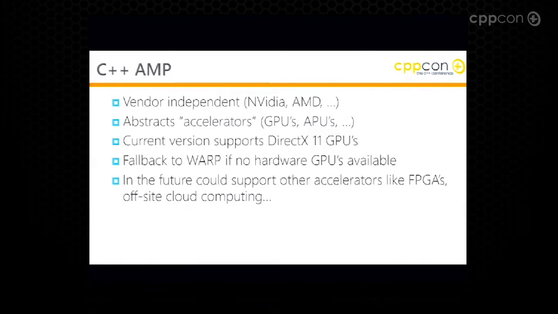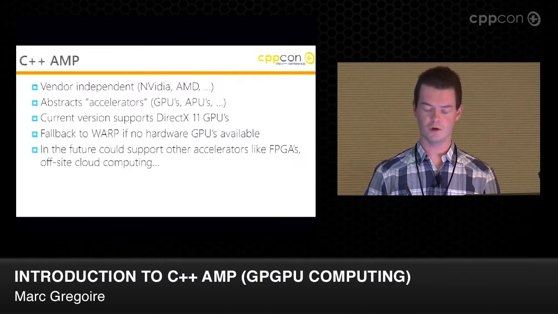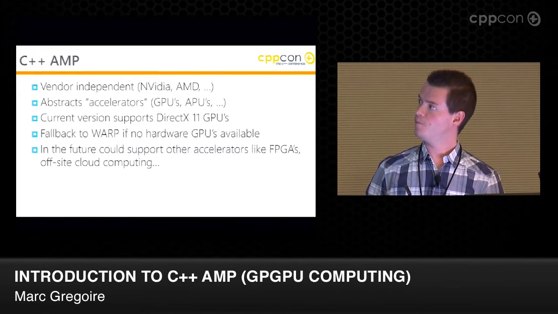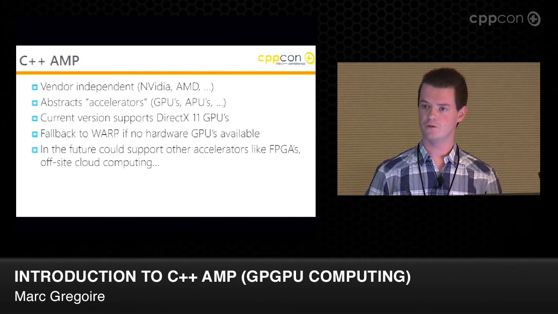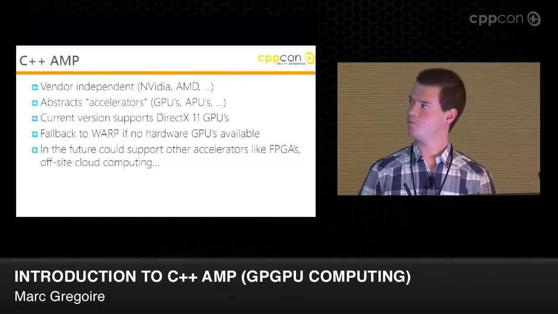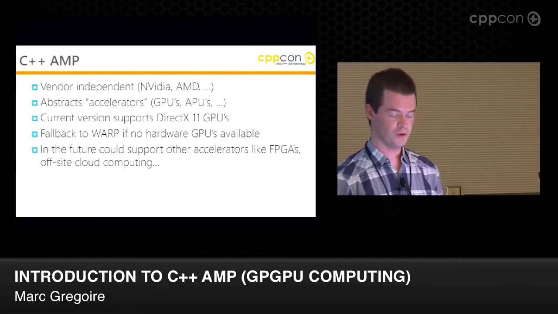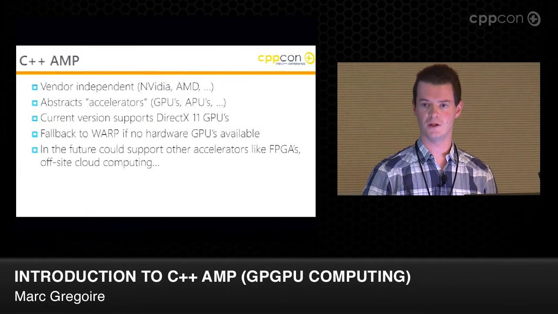As said, it's vendor independent. It works with AMD GPUs, Intel GPUs, NVIDIA GPUs, and everything that supports DirectX 11. There is this fallback WARP driver, which stands for the Windows Advanced Rasterizer Platform. That one is highly optimized, and it uses vector instructions and parallel code.